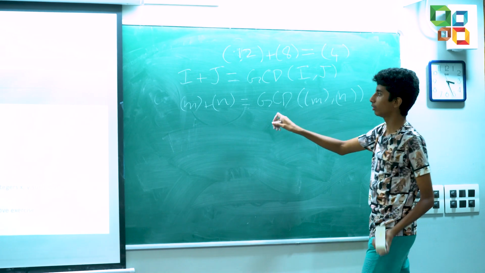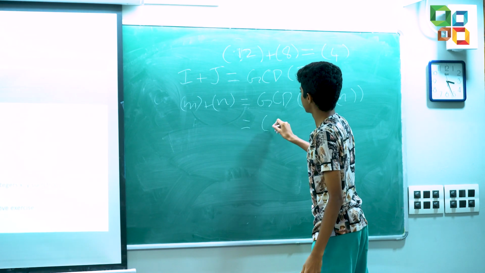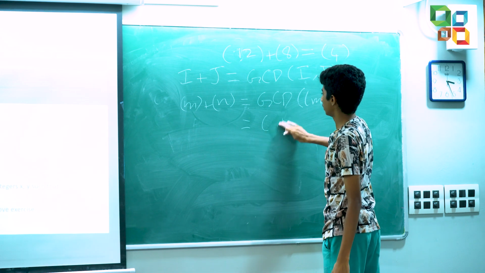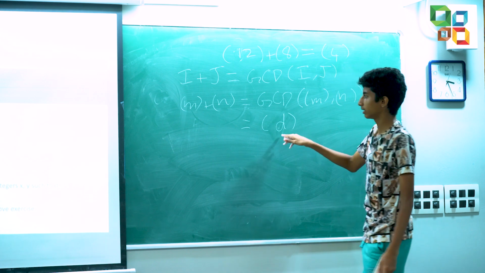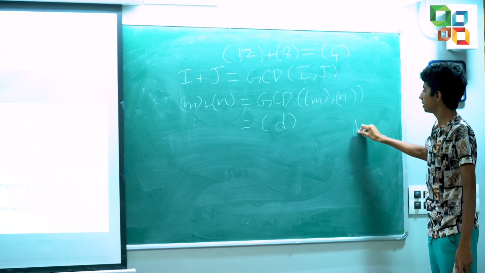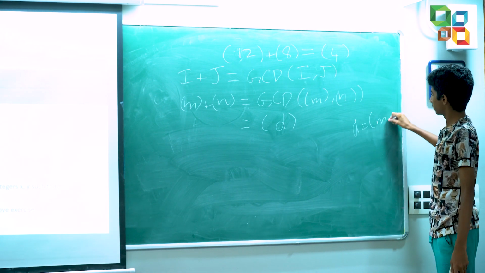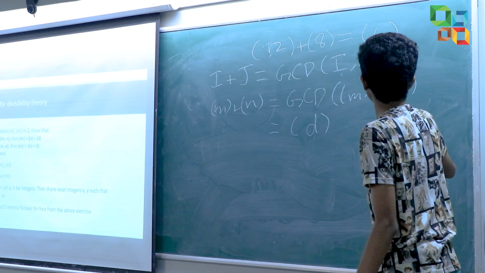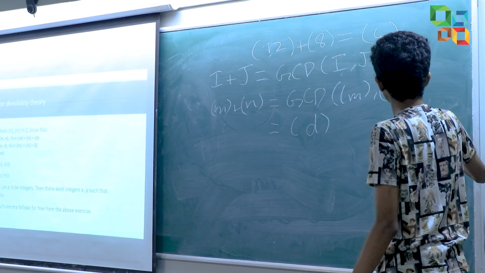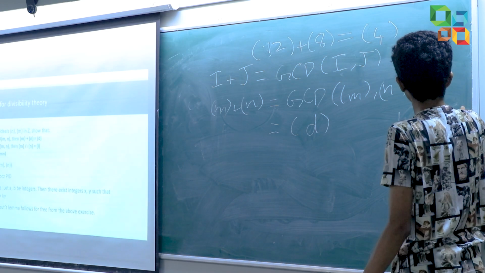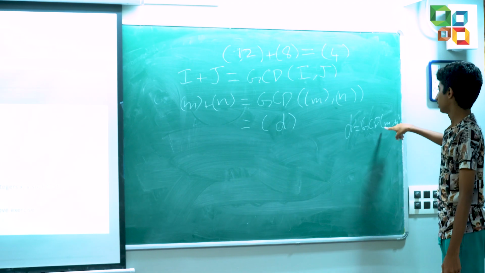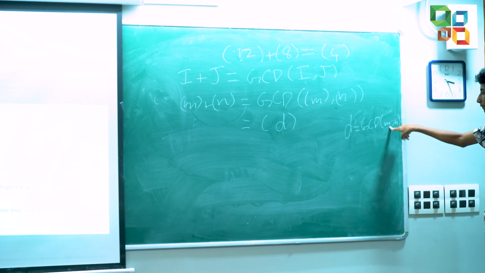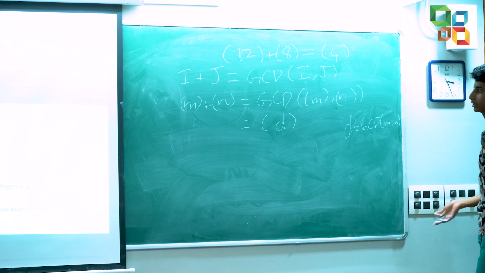But we want to show that this is equal to the normal definition of GCD, one principal ideal called D, where D is equal to GCD of M comma N. This is the GCD of the ideals M and N, and this is the GCD of M comma N, normal integers.